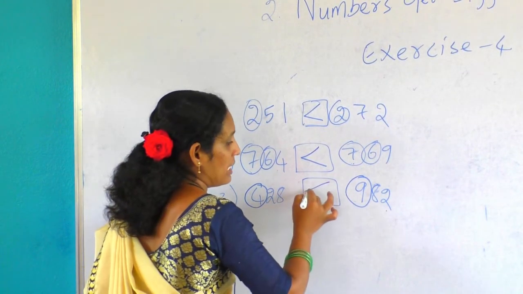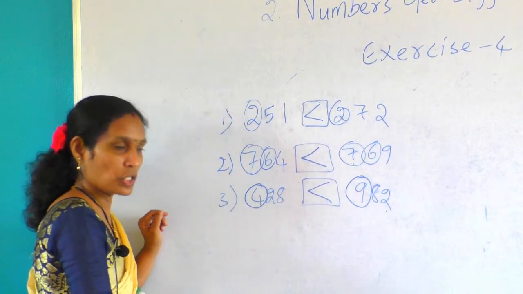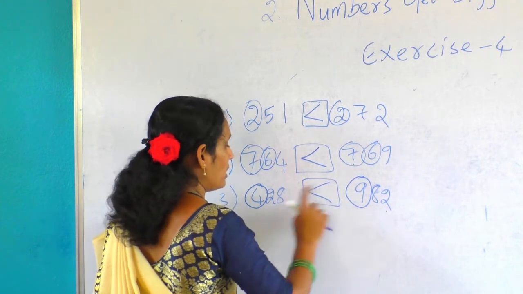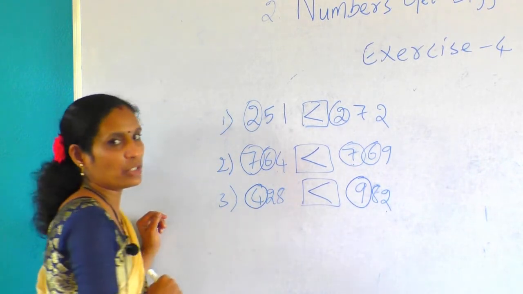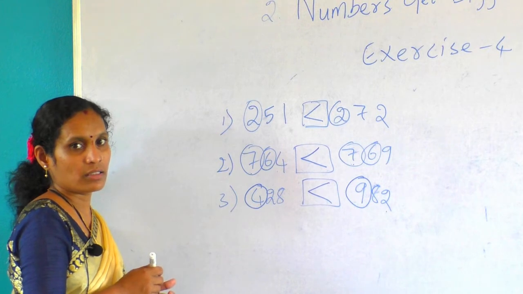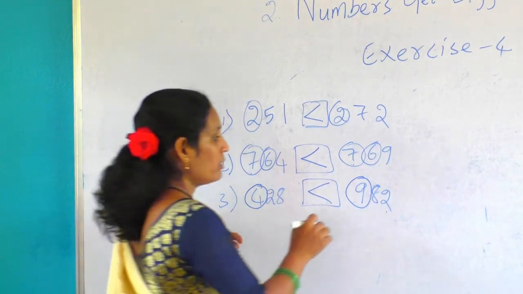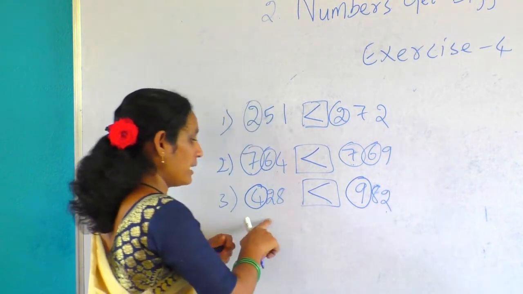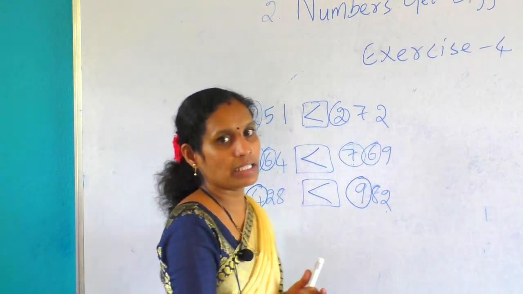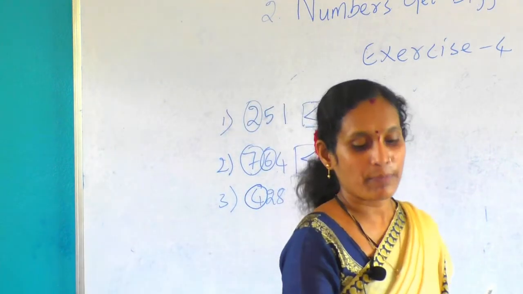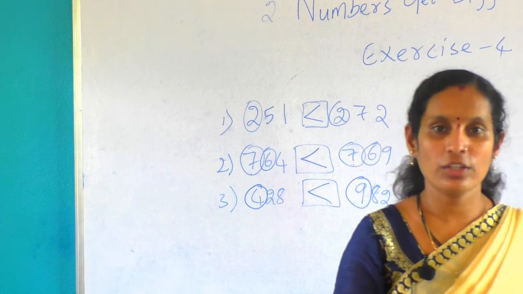Yes, 9 is bigger. So 982 is greater than 428. You come to know 982 is greater than 428. Okay, remaining problems you do it yourself.